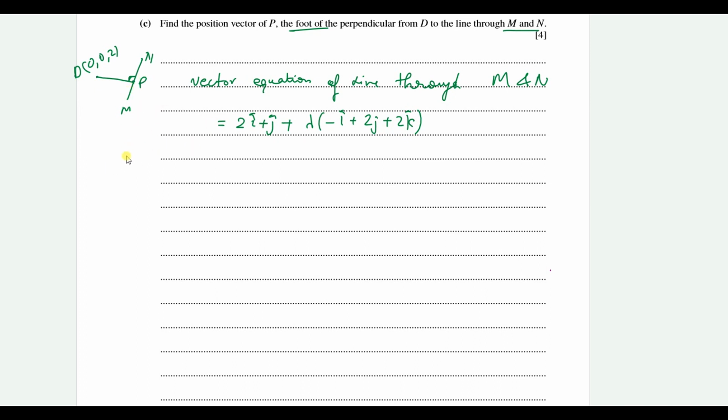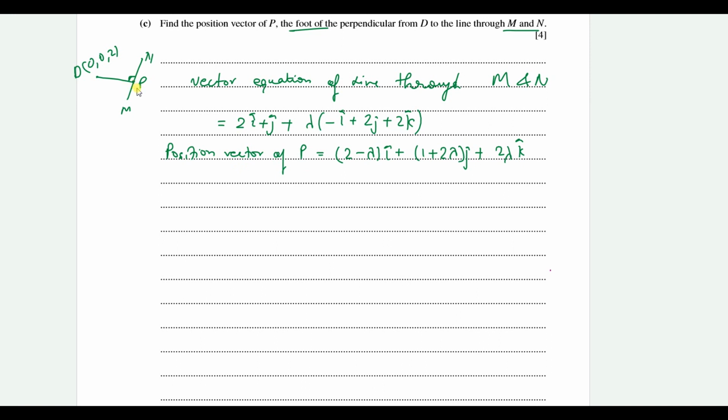So we can take the position vector of P as 2 minus lambda i cap plus 1 plus 2 lambda j cap plus 2 lambda k cap. Now we have the position of P also.